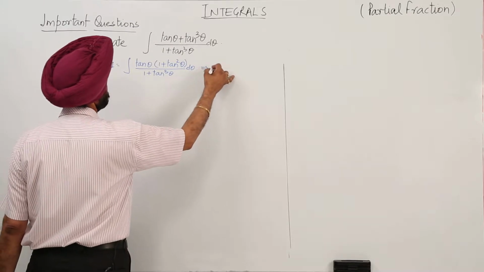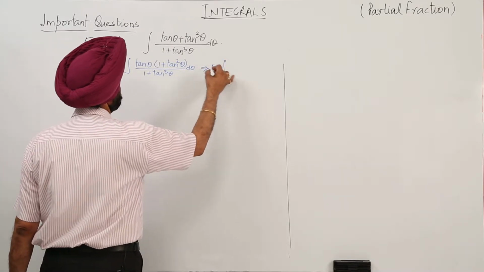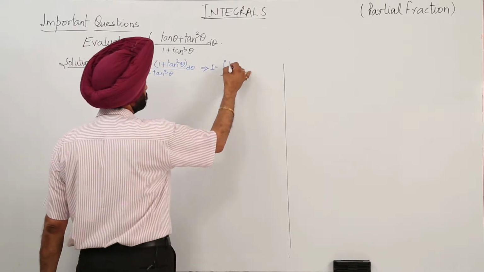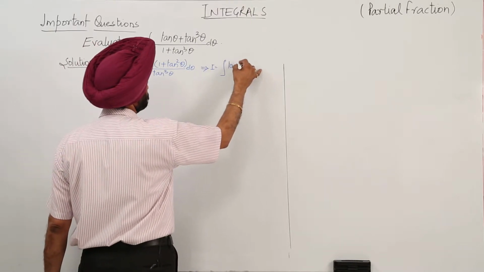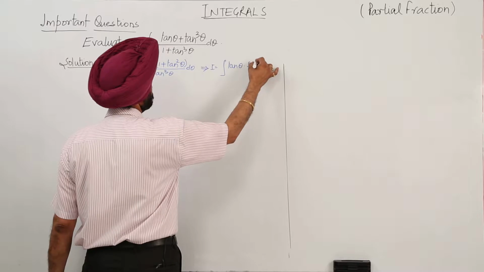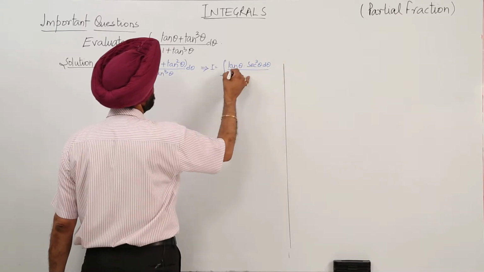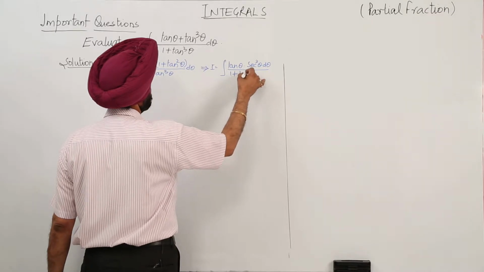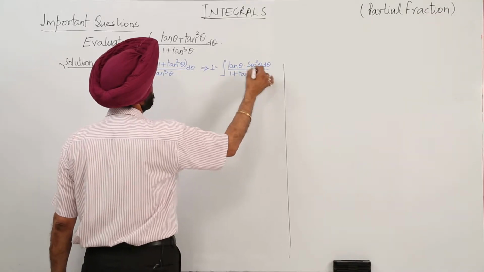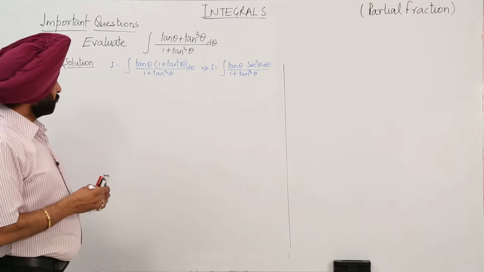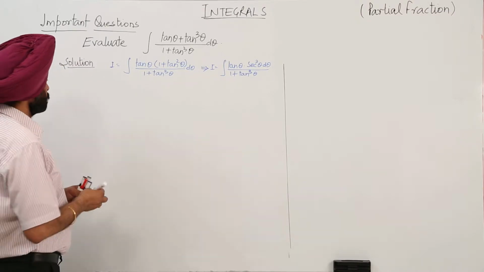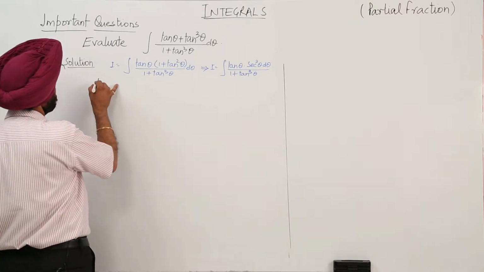Now this further we can write as tan theta secant square theta d theta upon 1 plus tan cube theta. 1 plus tan square theta is what? Secant square theta.